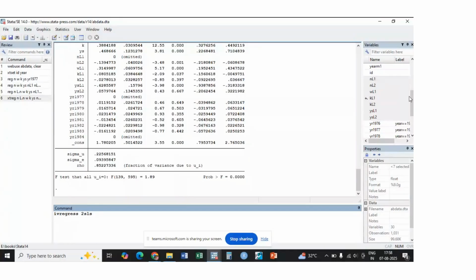Otherwise, we have to sit and create all the first difference variables: D for N, D for Ln, D for W, D for K, D for a couple of year dummies as well. Give me a minute. I will just see if we can do it without that.